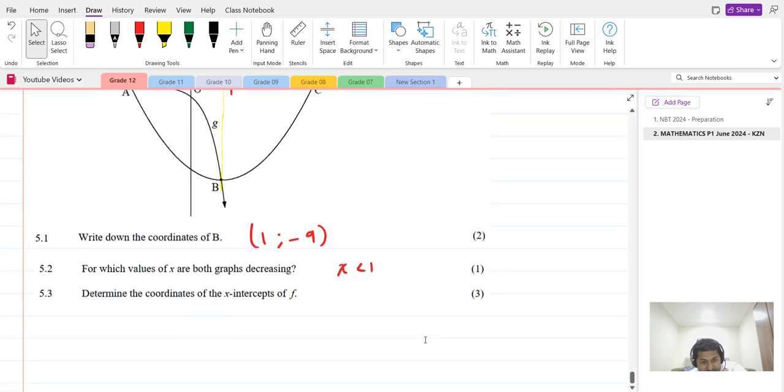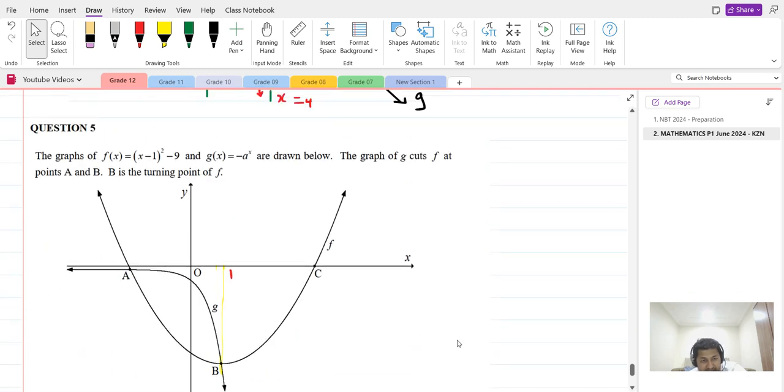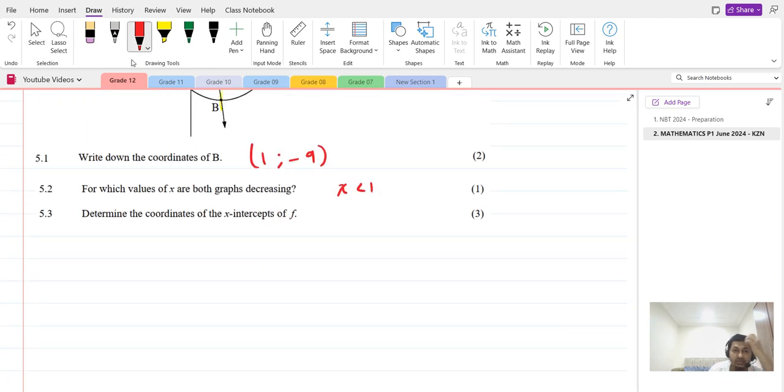Determine the coordinates of the x-intercepts of f. To find the x-intercepts of f, we have f of x equals x minus 1 all squared minus 9. So y equals 0: x minus 1 all squared minus 9 is equal to 0. Now don't open up this whole thing. Just solve it like this, simpler, because it's in TP form.